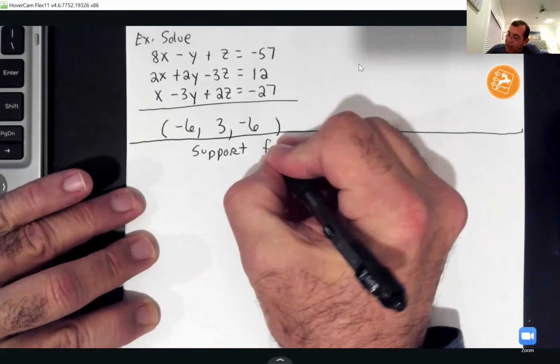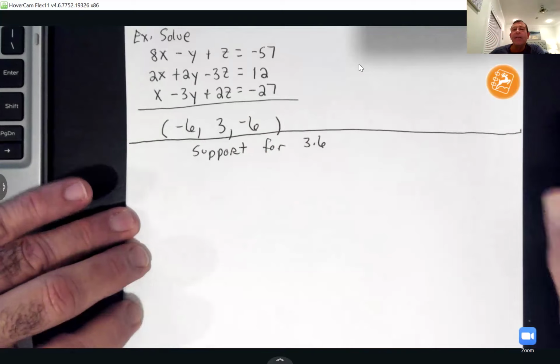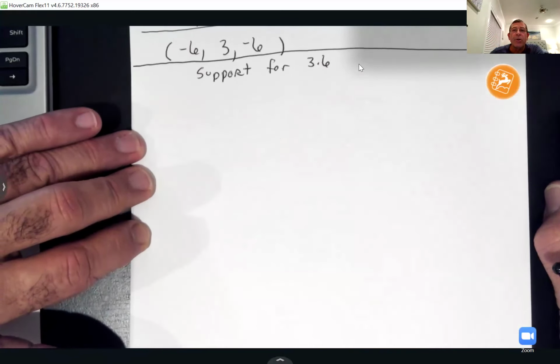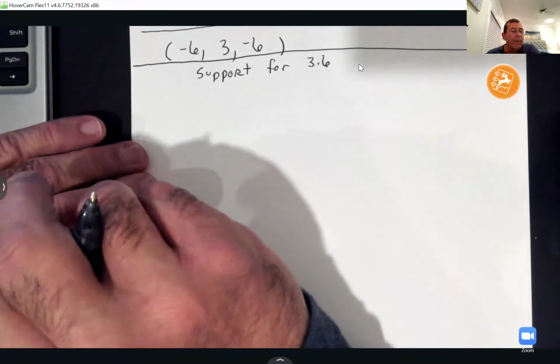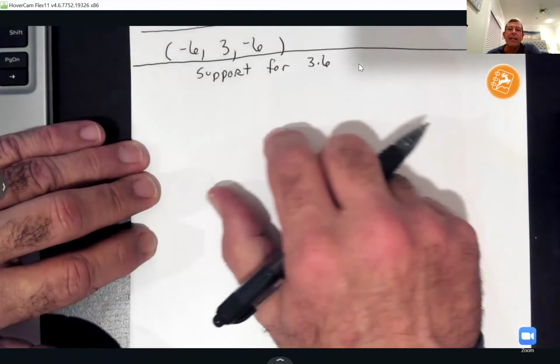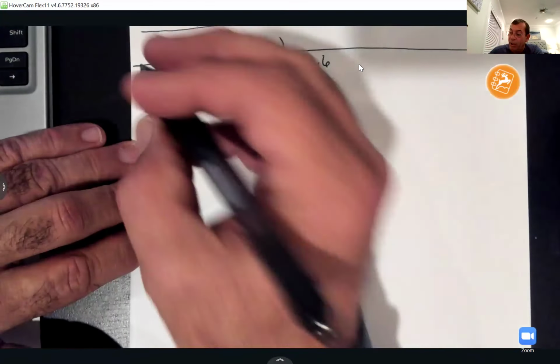So here, let's knock out support 4.3.6. And this support here is just getting you used to math talk. They're going to give me a sentence and I got to write an equation out of it or an expression.